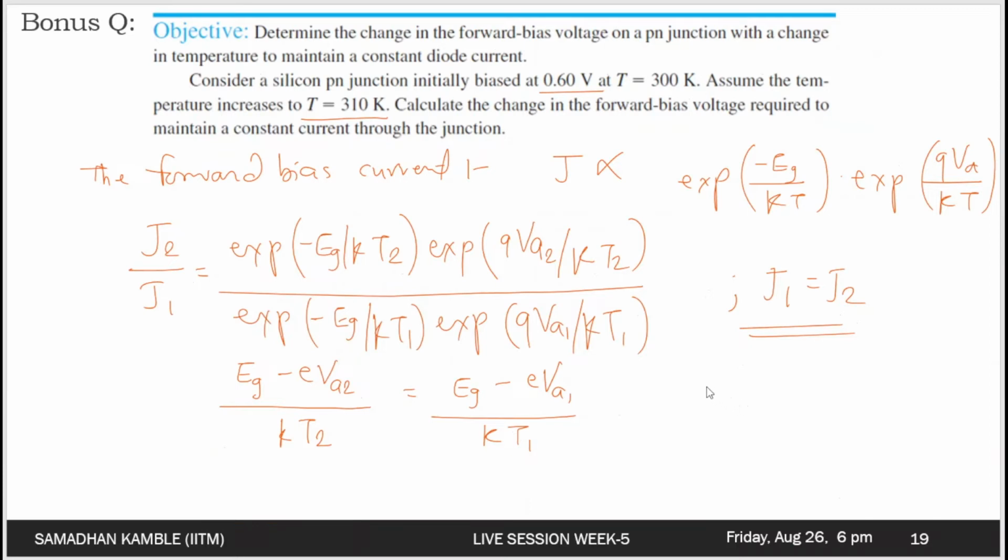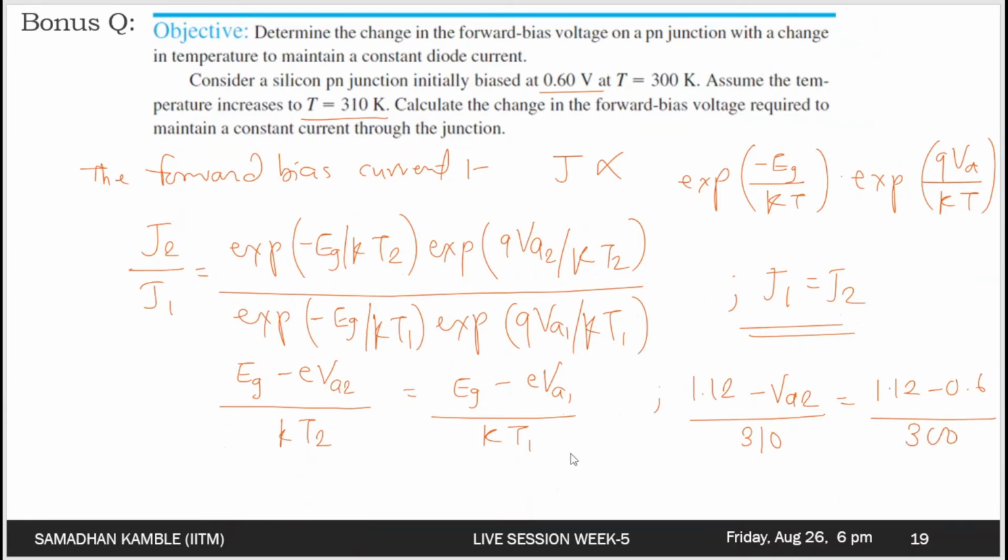So we can substitute the values and find the value of VA2. So it will be simply (1.12 minus VA2) divided by 310 equal to (1.12 minus 0.6) over 300.